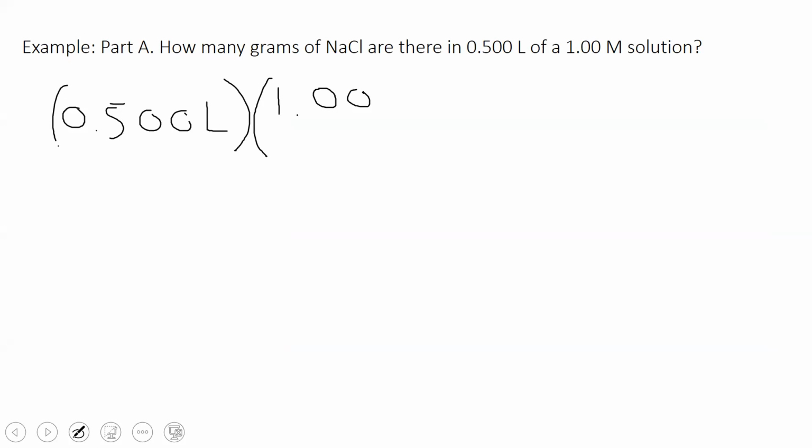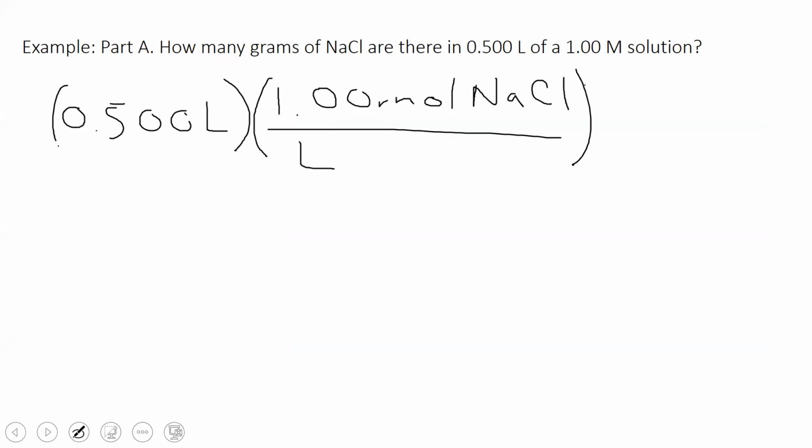When I tend to do this, I tend to write in my molarity units as moles of sodium chloride over liters of the solution, okay? And so your liters cancel out, right? And that gives you, in this case, 0.500 moles of sodium chloride.